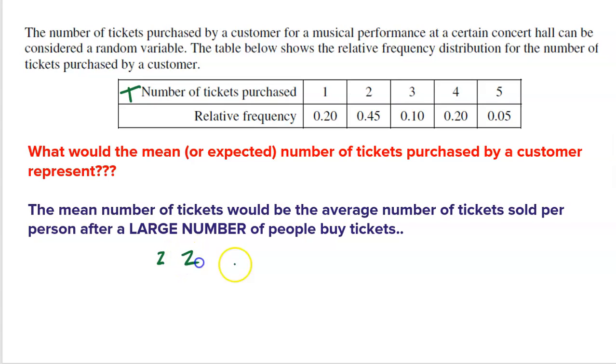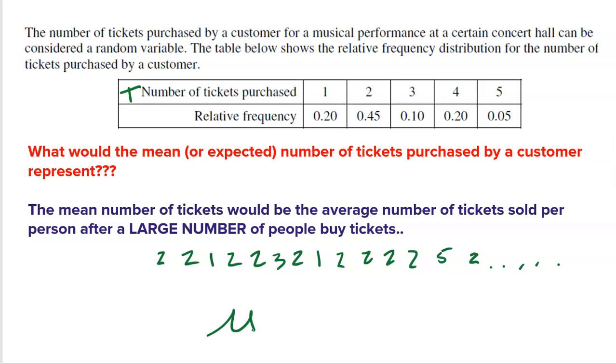Second phone call, 2 tickets, then 1 ticket, then 2, then 2, then 3, then 2, then 1, then several more 2s, and then 5 tickets, and then 2 tickets. If we were allowed this process to repeat itself a large number of times, the mean, the expected value, would be simply the average number of tickets sold per customer.